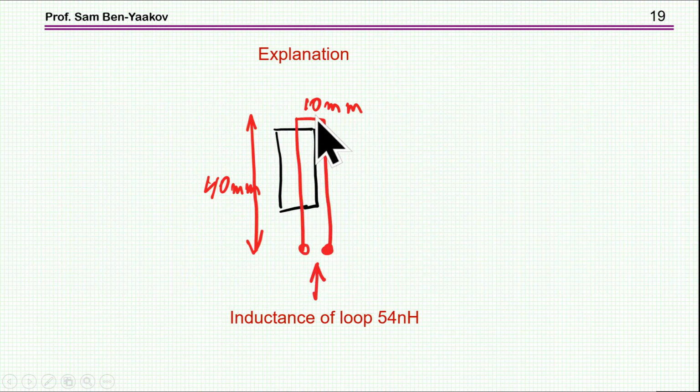The inductance of this part here is already 54 nanohenry. So it has nothing to do with the capacitor itself. It's just the sheer wire going back and forth that is already 50 nanohenry. So this is the main contribution of the inductance, as a matter of fact.